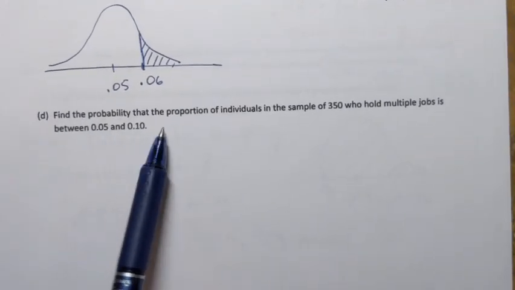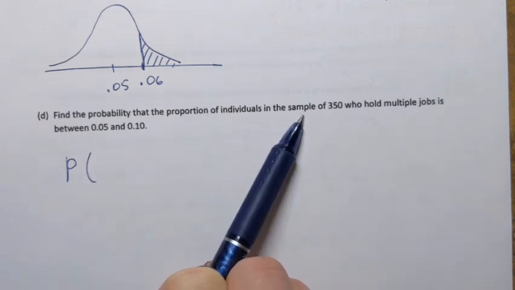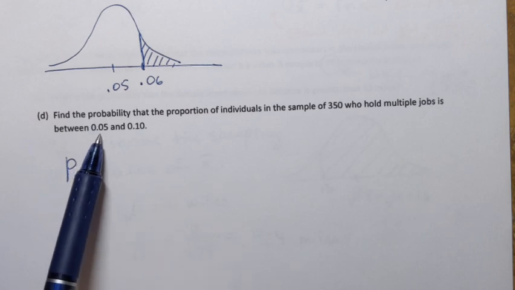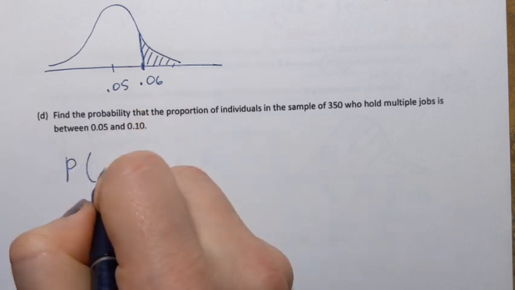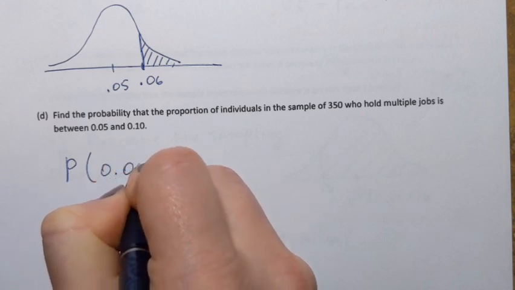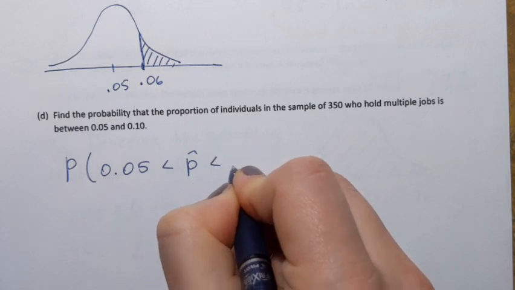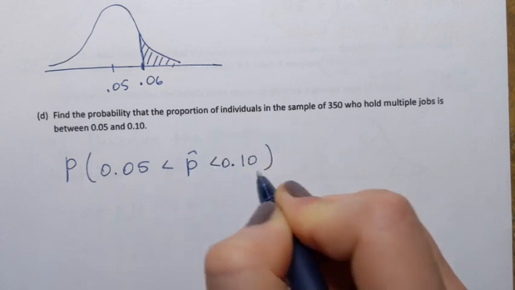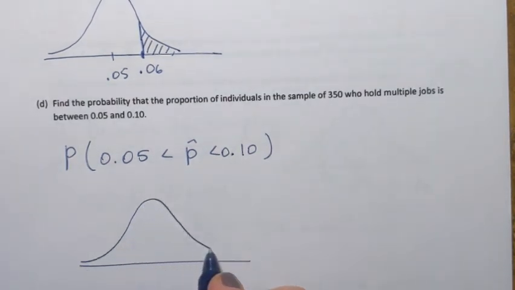D. Find the probability that the proportion of individuals in the sample, p hat, who hold multiple jobs is between 0.05 and 0.10. That's what we want to find. On the normal curve, it's going to look like this.